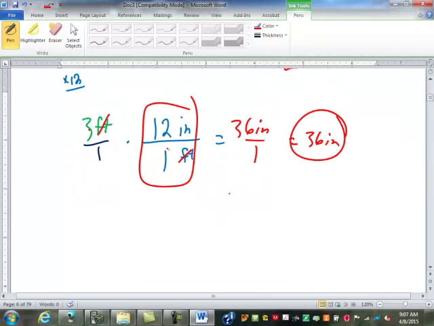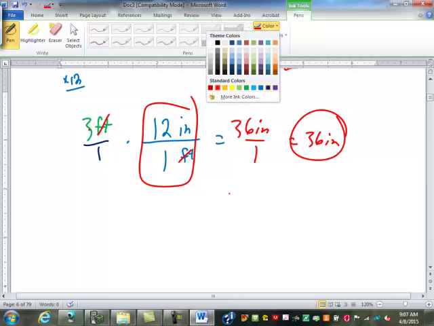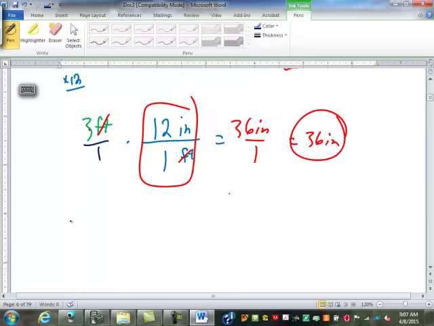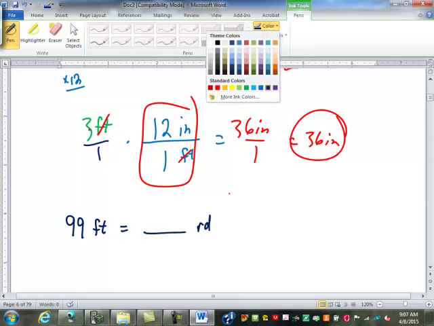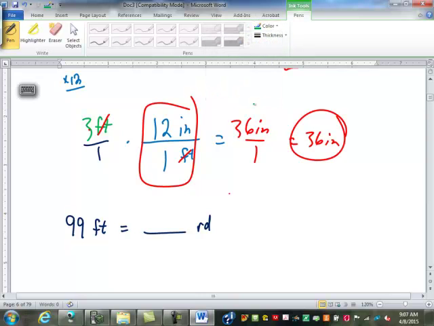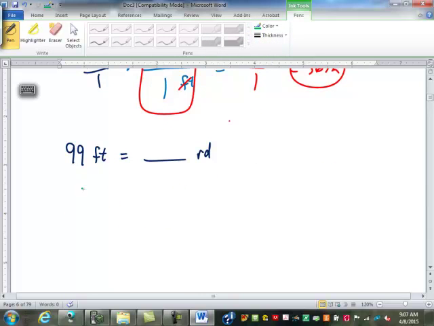Now for feet and inches, you don't need to do that because most of us are very used to converting between feet and inches. But we might run into a problem like this. "99 feet equals how many rods?" Well, I would go ahead and do my 99 feet, make it a fraction, put it over 1.